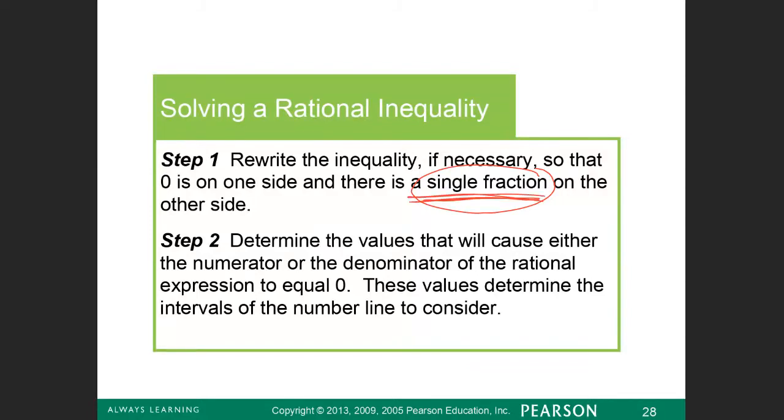So that's step one. Step two, determine the values that will cause either the numerator or the denominator of the rational expression to equal 0. So you have to split. You have to take the numerator and set it to 0 and do the same thing for the denominator and set that to 0. In condition, you have a single fraction on that side.